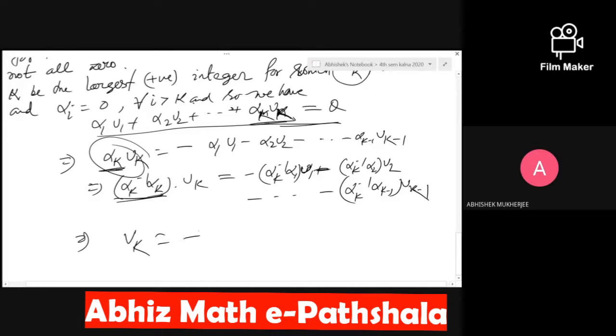So bk has been represented as minus alpha k inverse alpha 1 b1 minus alpha k inverse alpha 2 b2 minus alpha k inverse alpha k minus 1 bk minus 1.